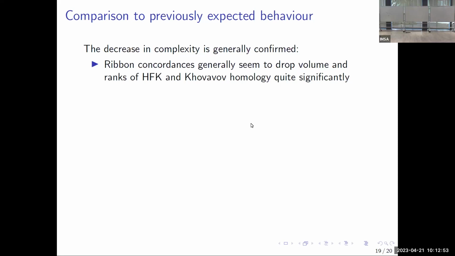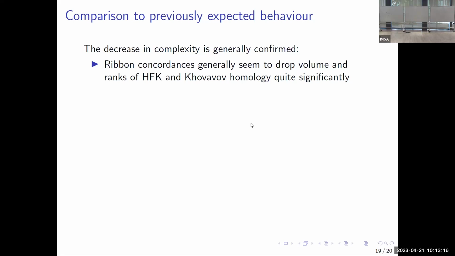The one that dropped the least is probably for 19: if you start with a 19 crossing knot, the least drop we had was maybe 14 crossings. Most of the ones from 19, if we found a ribbon concordance at all, went to 13 crossings or fewer. So they also dropped complexity in that sense.